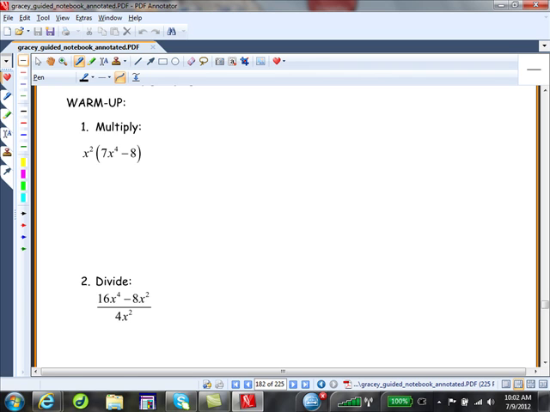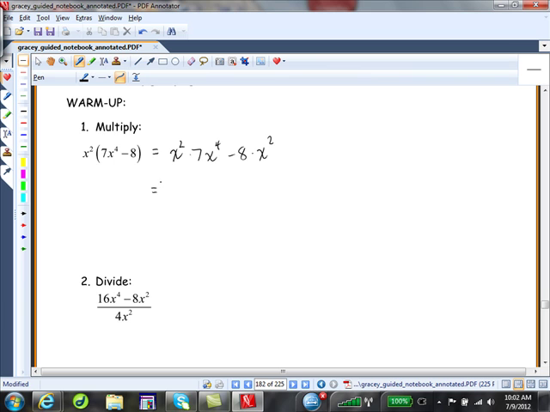Alrighty, let's see how you did. Now remember, we need to distribute that x squared throughout. So we get x squared times 7x to the fourth, and then minus 8 times x squared.